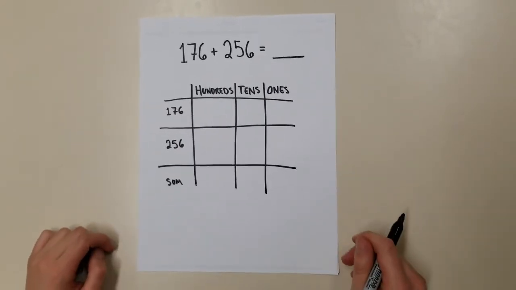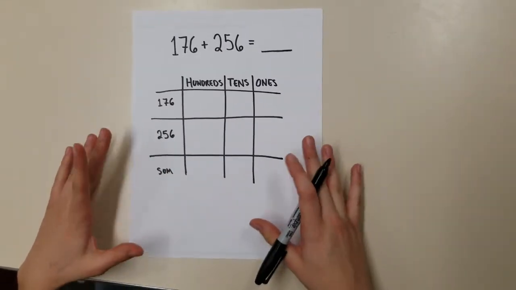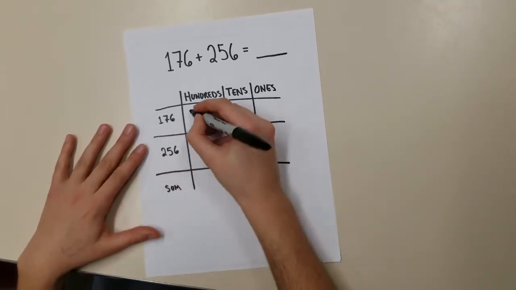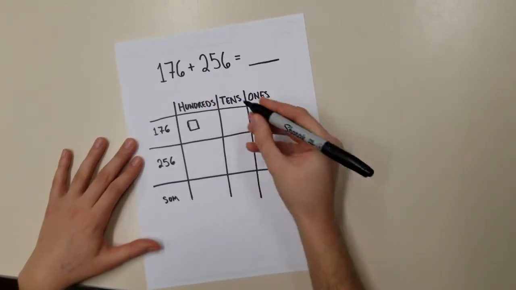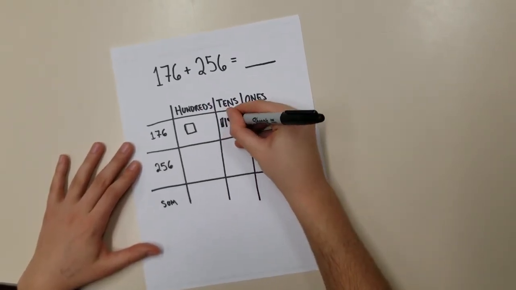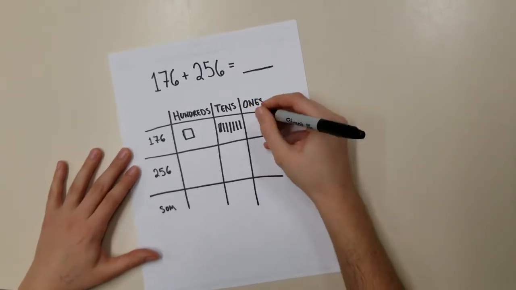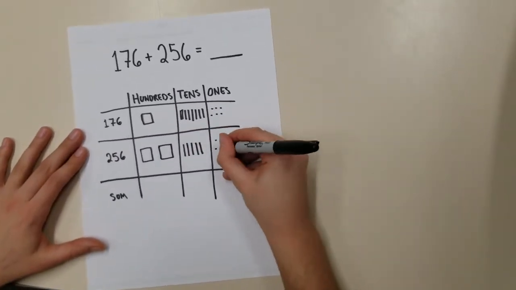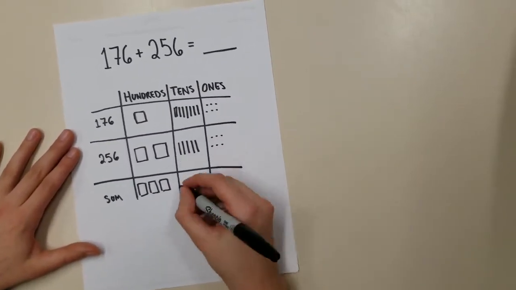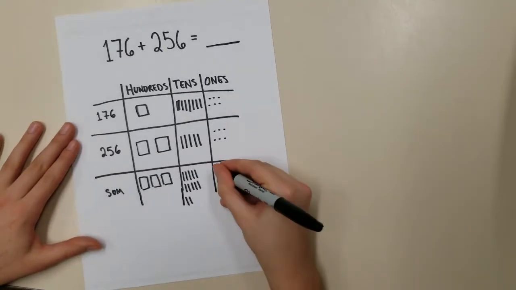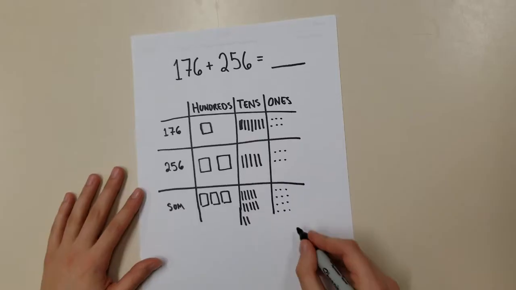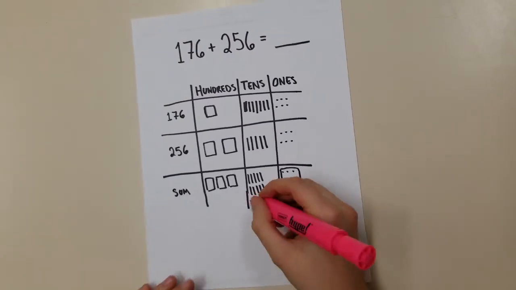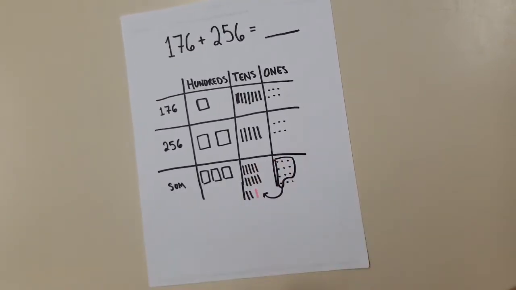Okay, so we can also solve this pictorially using the same sort of chart format. Once again, in 176, I have 100, 7 tens, and 6 ones. So I can gather up 10 of the ones for another 10.